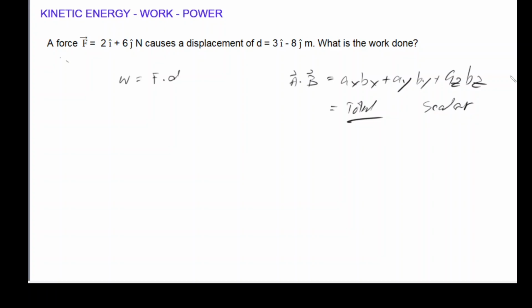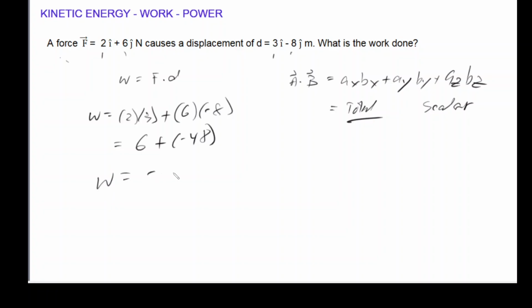So going back to the original problem, we have work is equal to Ax times Bx, which would be 2 times 3, plus Ay times By, which would be 6 times negative 8, which is equal to 6 plus negative 48, or the work done is equal to minus 42 joules.